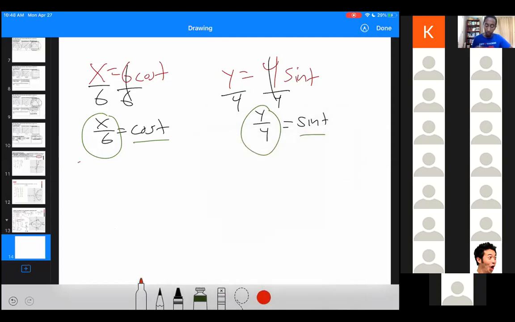Based on what we have here. Think about your trig identities. Thinking back to what we talked about before conic sections, trig identities. What trig identity could get us there to look like that?